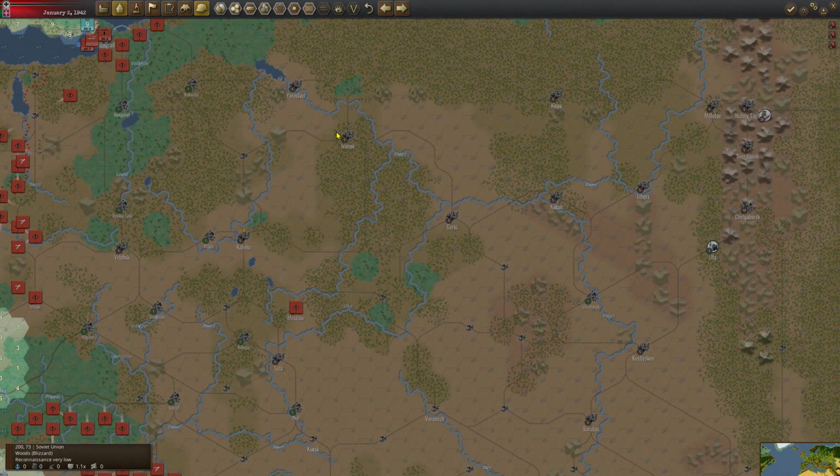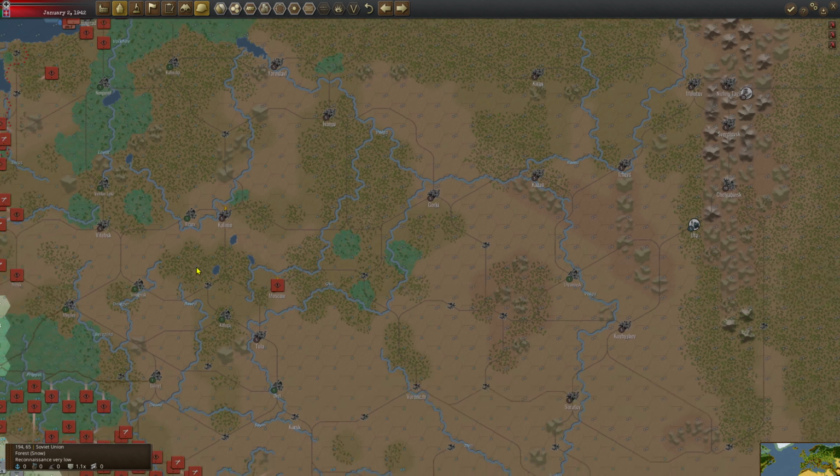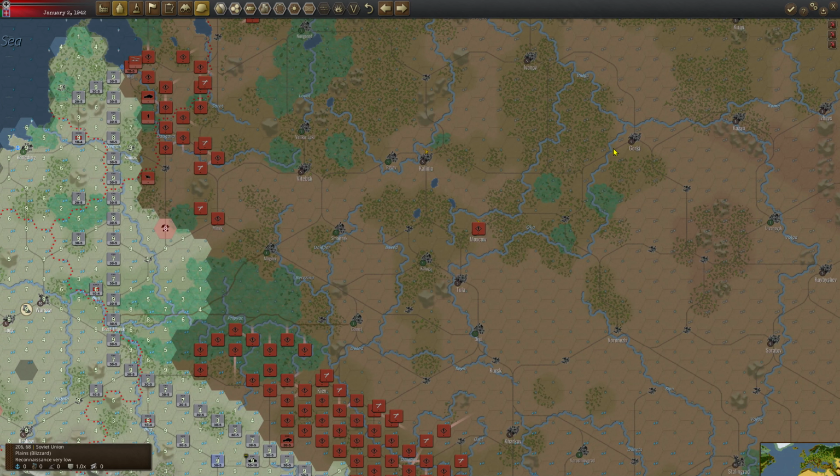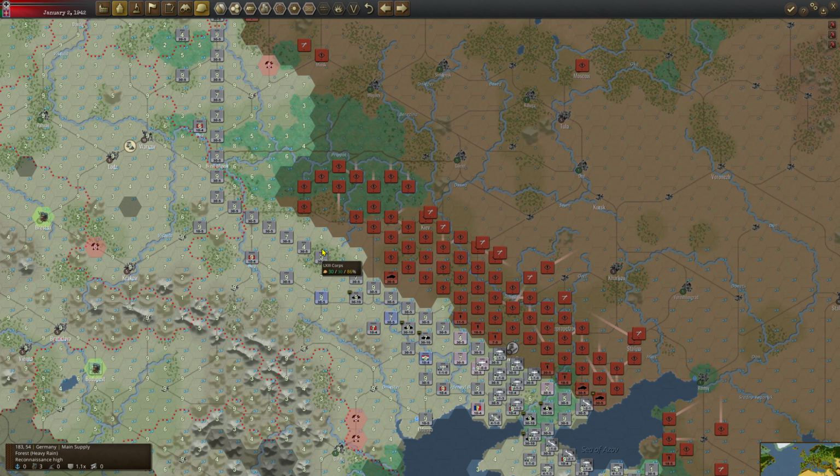Look at way out here. You've got Kazan, Kirov, Molotov, Ufa. This is the Urals out here. And here's Moscow. What chance would the Germans have to get to the Urals? God, there's Gorky. That's still a ways away from Moscow. We're not going there.